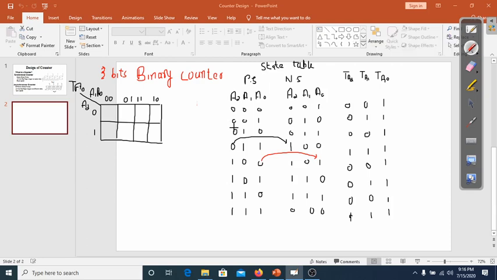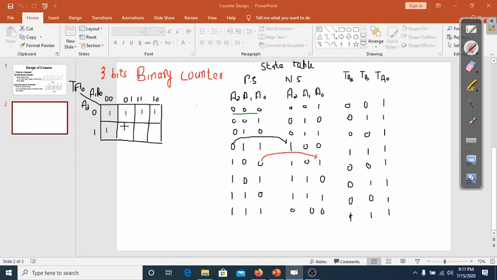When we have 0 0 0, the output, the input of flip-flop A naught, is 1. When there is 0 0 1, TA naught is 1. When there is 0 1 1, TA naught is 1. When there is 0 1 0, it is 1. When there is 1 0 0, it is 1.